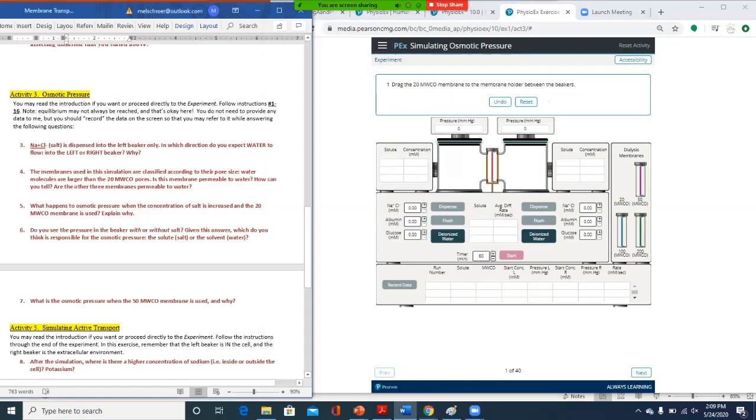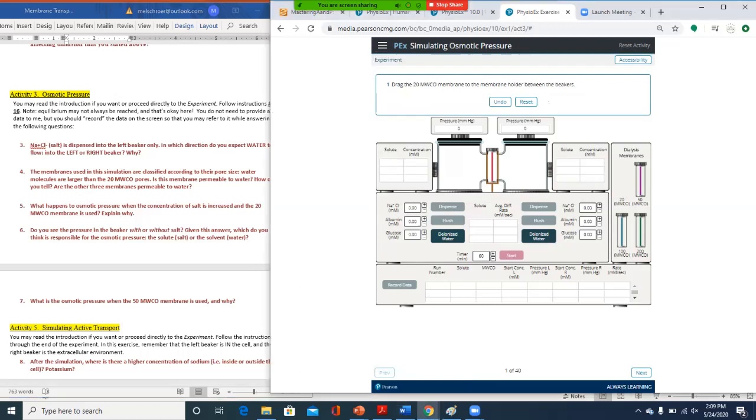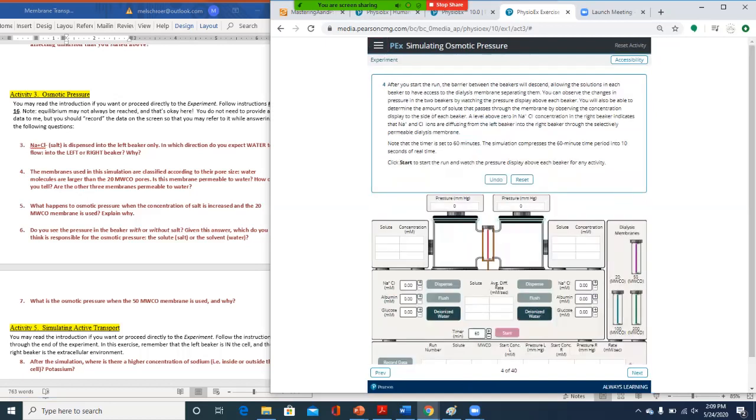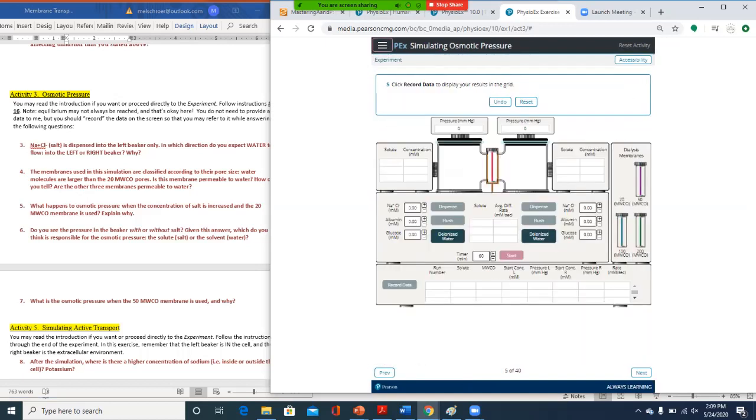Now you only have to do numbers 1 through 16. Go through these instructions 1 through 16. Sometimes they ask you little questions in there, and these questions, again, are not going to be given to me by the program. However, they might help you to actually understand what you're seeing. As always, you're going to be recording your data.